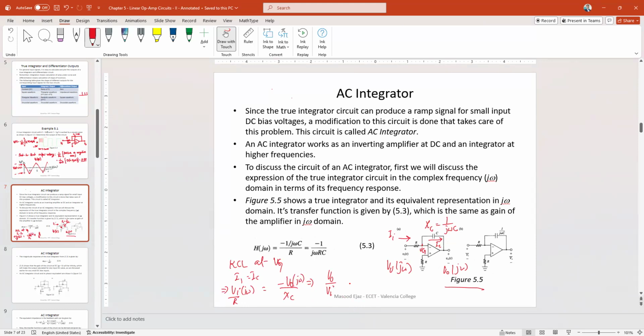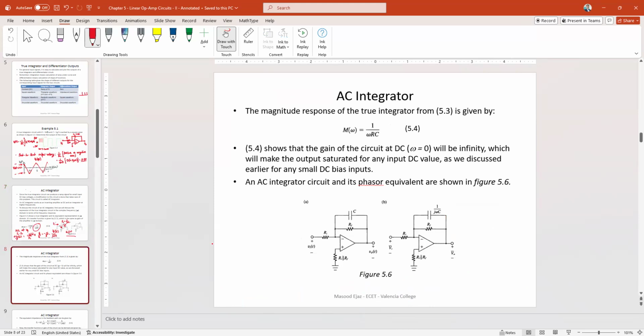V output over V input is equal to negative XC over R. And XC, of course, is 1 over j omega C, so we get negative 1 over j omega CR, which is your transfer function, output over input, for the true integrator in the complex frequency domain.